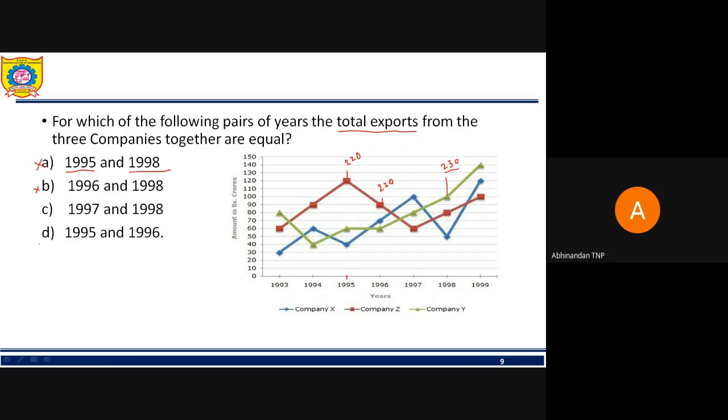So let us go for the third option instead of solving all this, because we have to go for some more numericals also. 95 and 96, I have the same analysis, 220, 220, means option number D is correct. It is 95 and 96, right? So 95 and 96 is the correct answer. Option number D is correct.